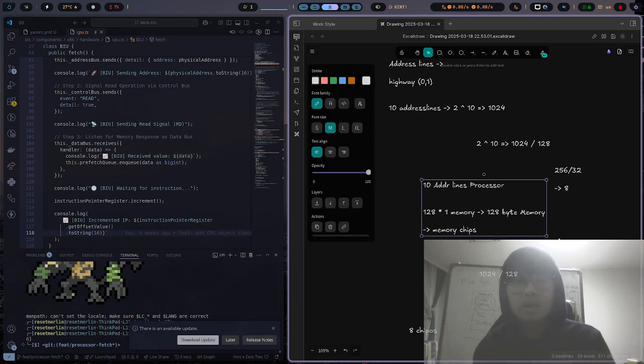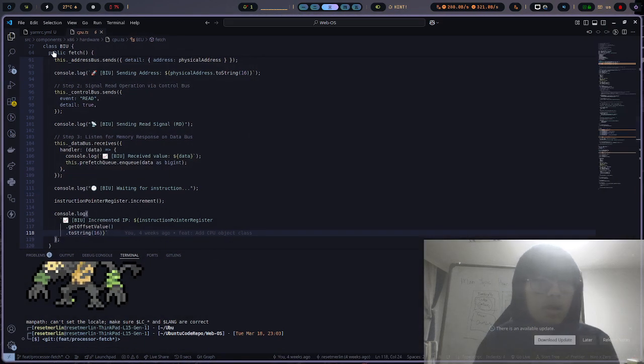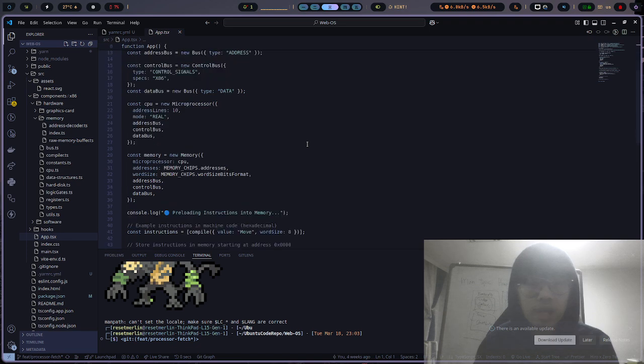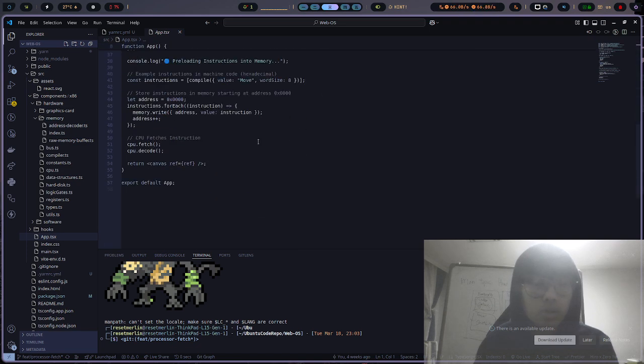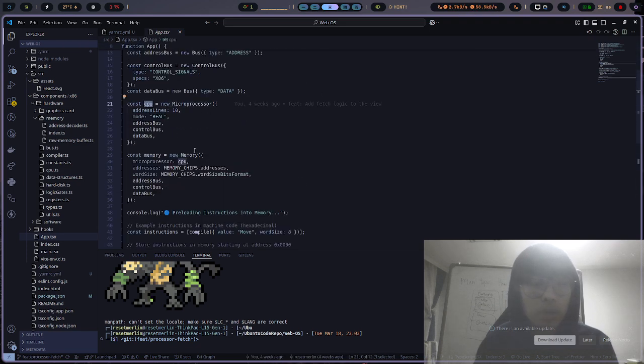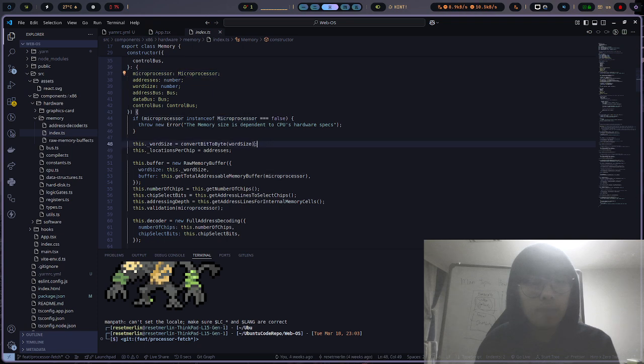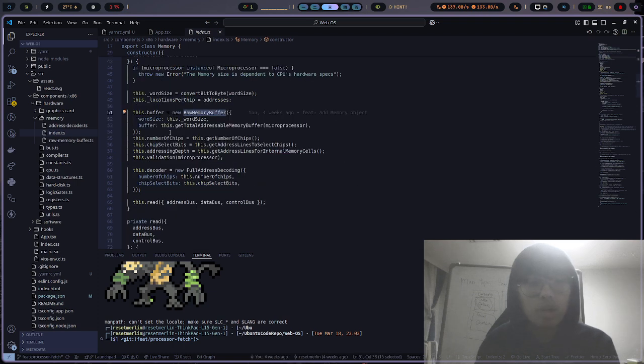So what I did was, if you look here, I virtualized the hardware specification using a front end. For example, if you look at the CPU part and the memory, the memory receives the CPU, converts the word size and the location of chips, and eventually gets the size of the buffer.